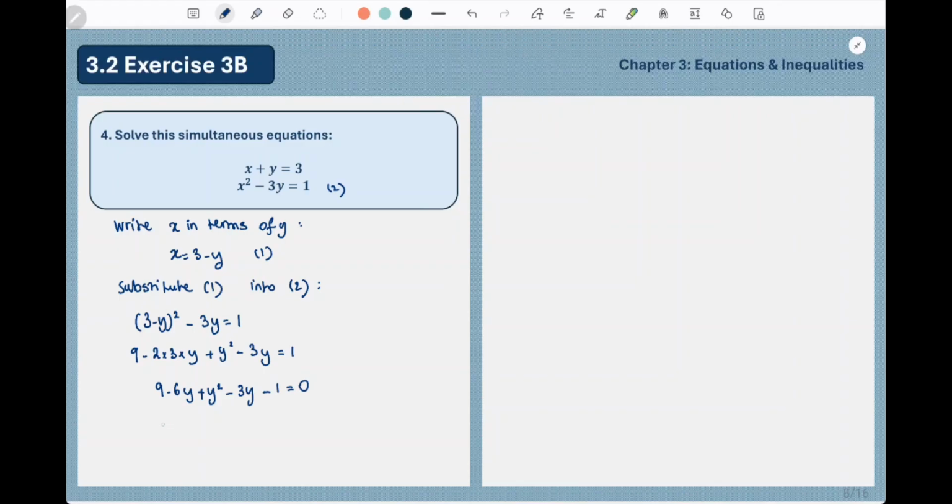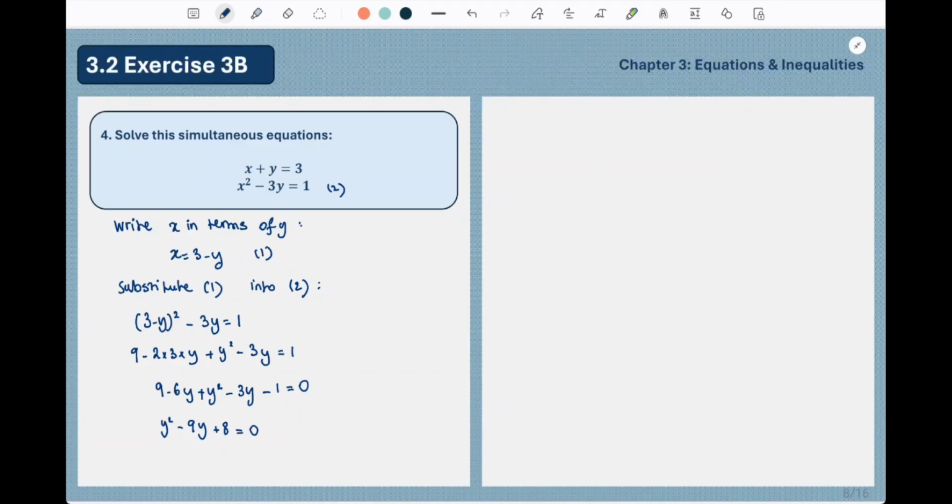So here, y squared, minus 6y minus 3y is minus 9y, and 9 minus 1 is 8, equal to 0.